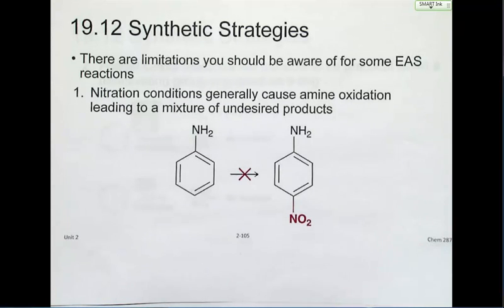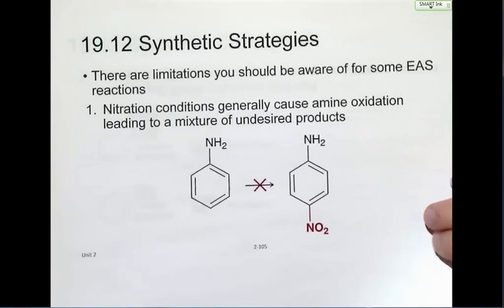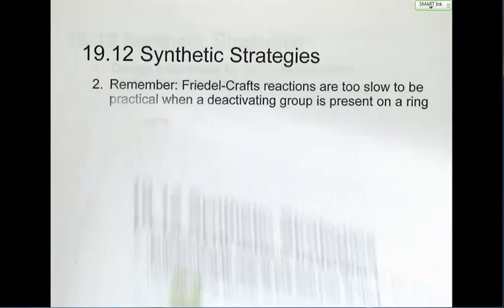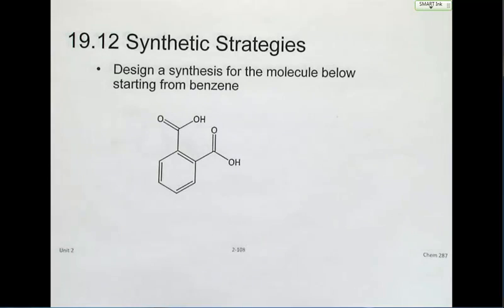And if you want to have para, it would be tricky, actually, to do that. I don't feel like thinking about it right now, but there'd probably be a way to do this. Anyway, so don't try to oxidize your amine. Some things aren't really possible, so don't worry, I won't give you one that's impossible to do.